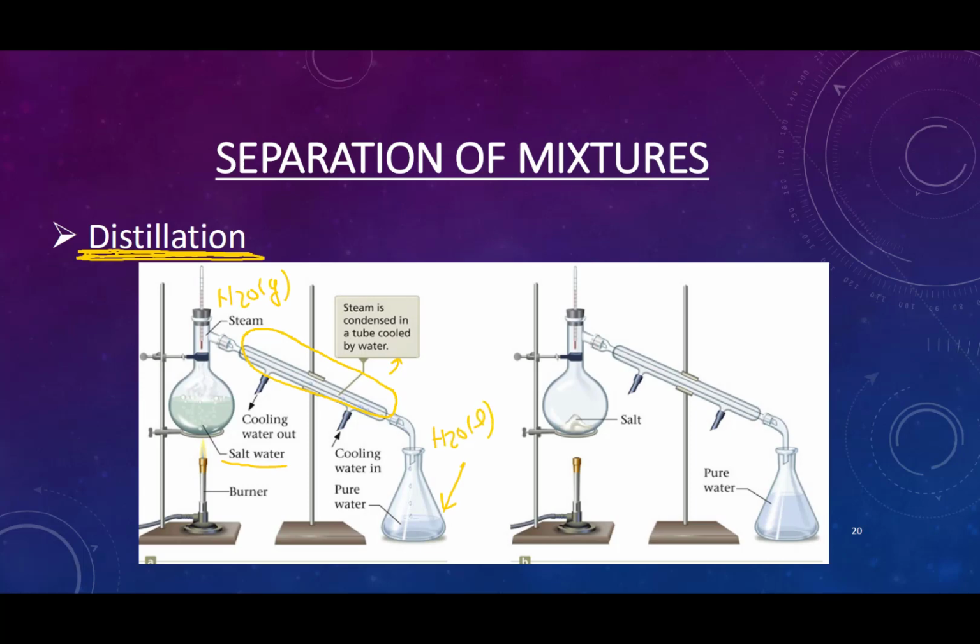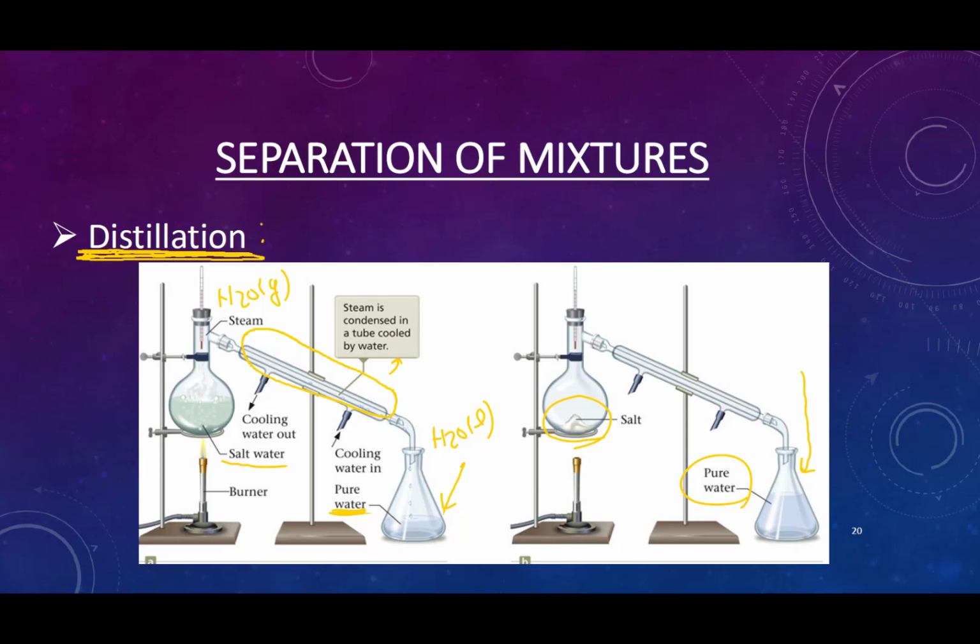That liquid water, which is pure water, is collected at the other end, and at the end you will have salt left over in your flask, and in the other flask you have your pure water. Most likely, when we have homogeneous mixtures, we use distillation.